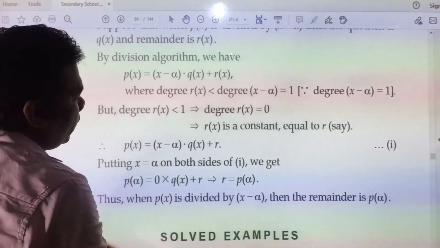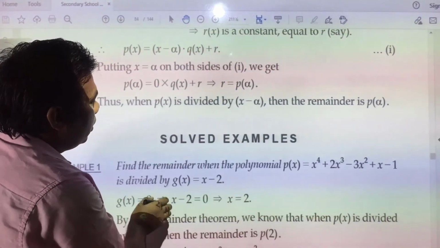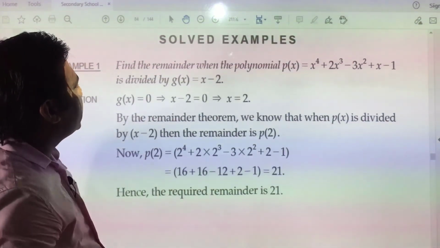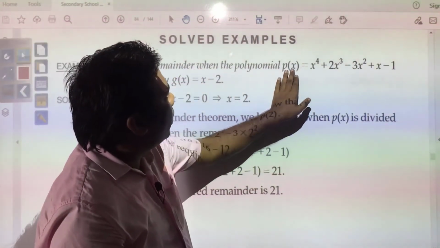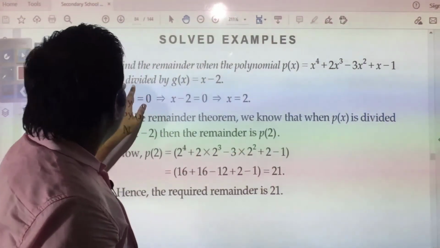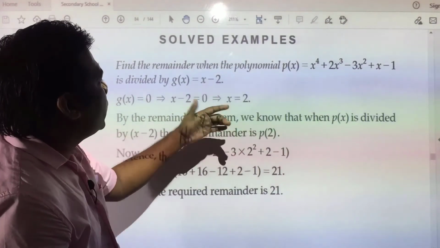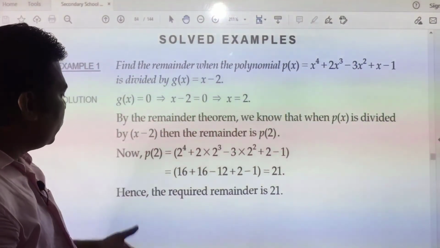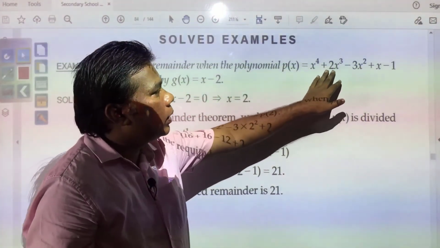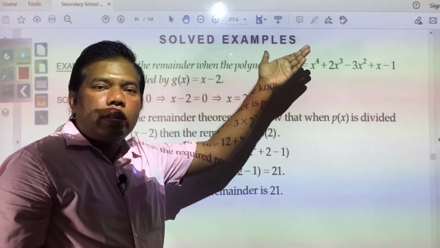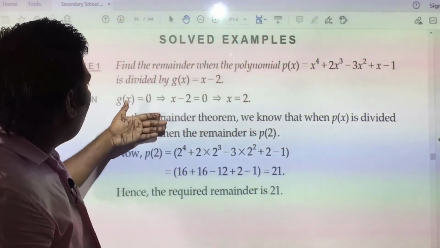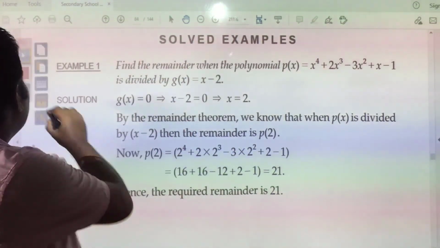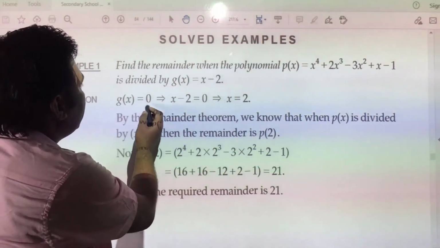So, you can go through it, that is very easy, that is not difficult. Then the solved examples start. Here you see, find the remainder when the polynomial Px is divided by Gx, x minus 2. You can divide yourself, as you have seen in the division algorithm how it is to be divided, or by the remainder theorem, as I just told you, Gx is equal to 0.